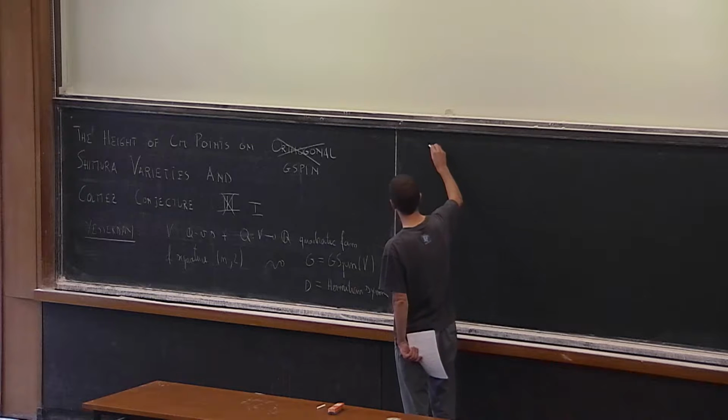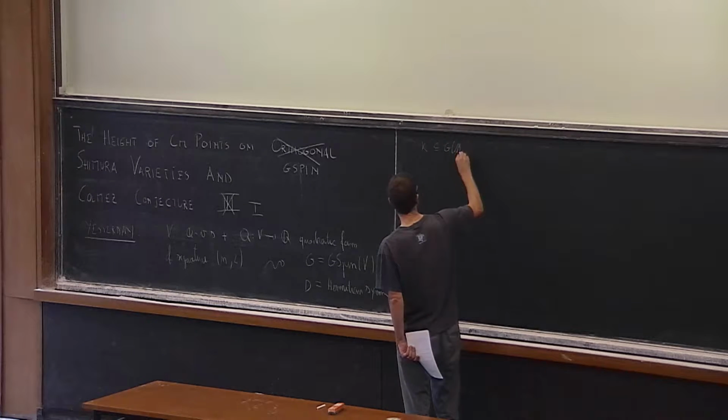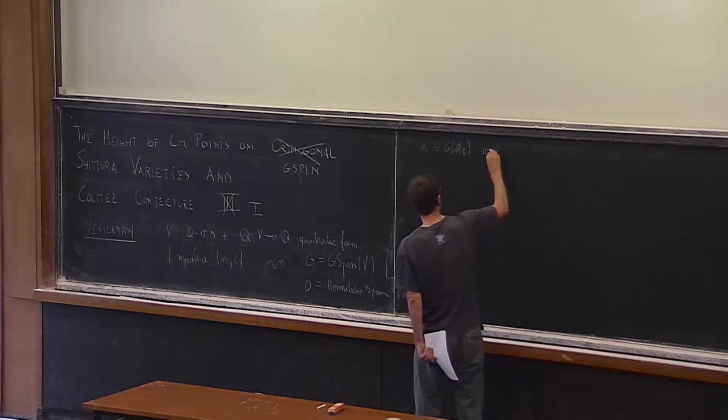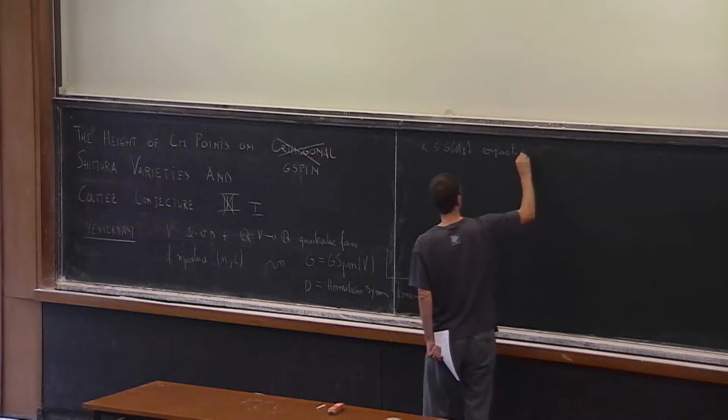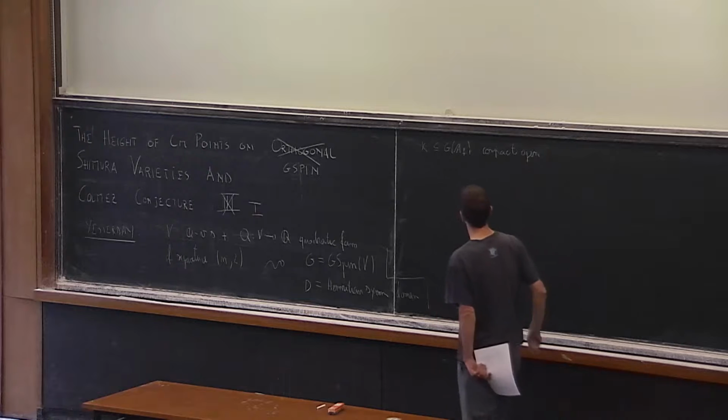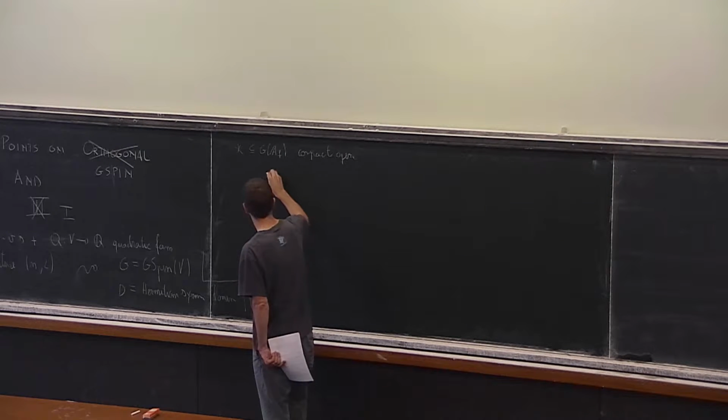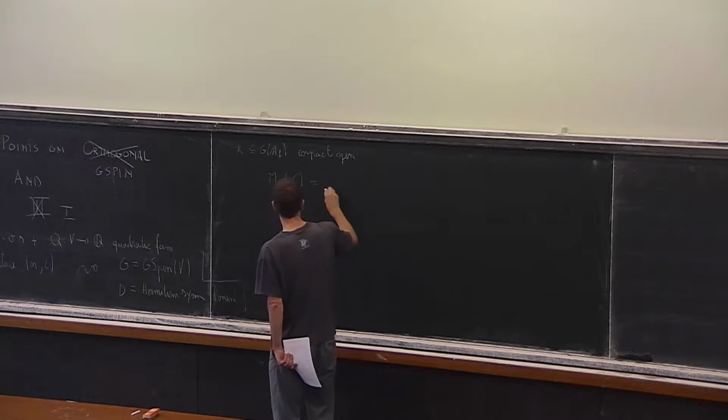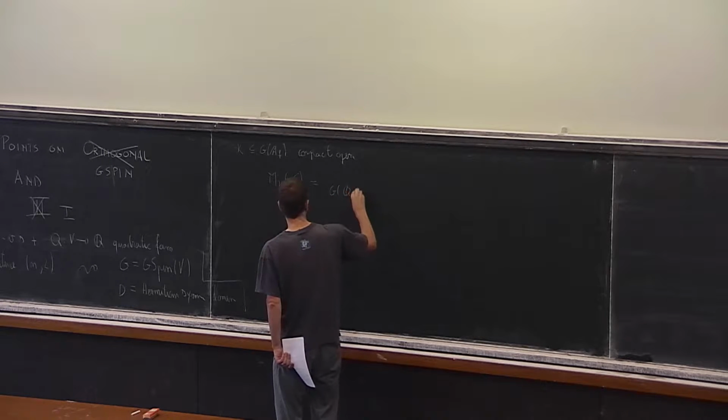And if you take K a compact open subgroup of the adelic points, we had defined the Shimura variety that we'll be interested in as a double quotient.